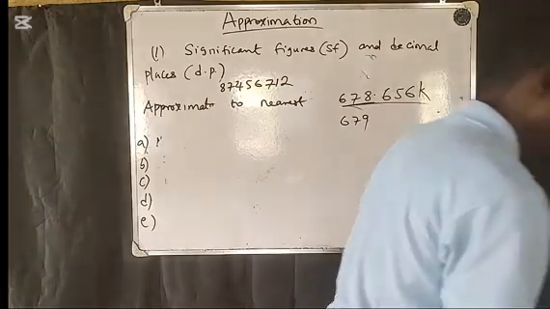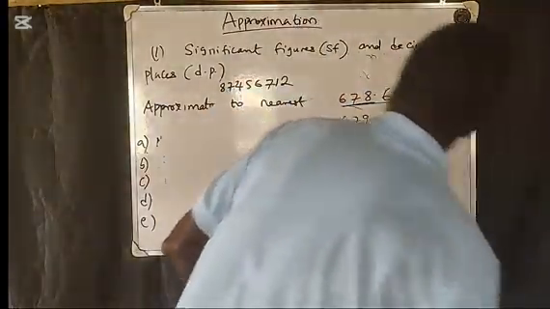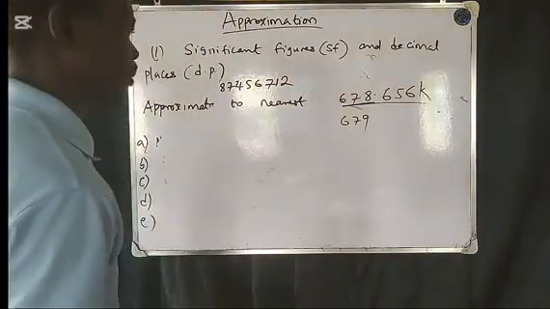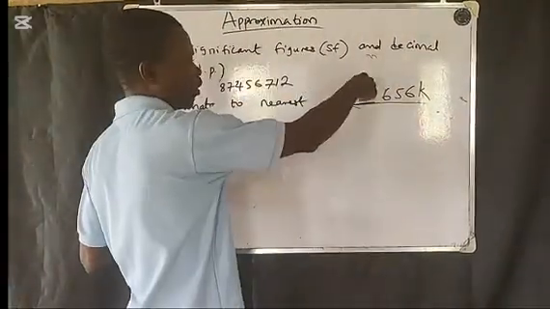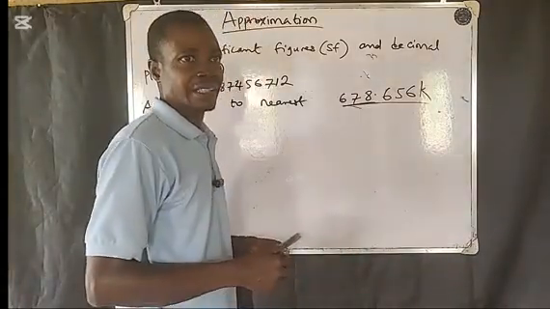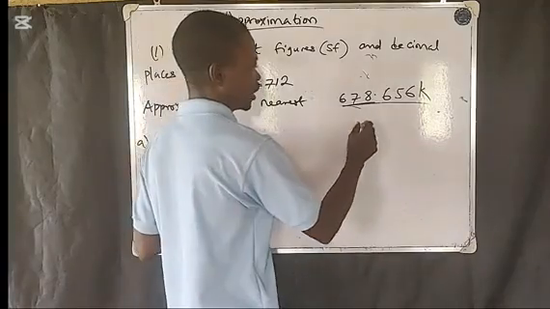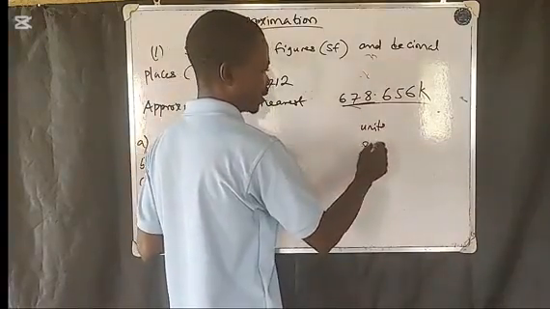Then sometimes it is place value. Sometimes you can be asked about place value. What is the place value of 8? The place value of 8 here, as I told you, is units. How many units? We call it 8 units.